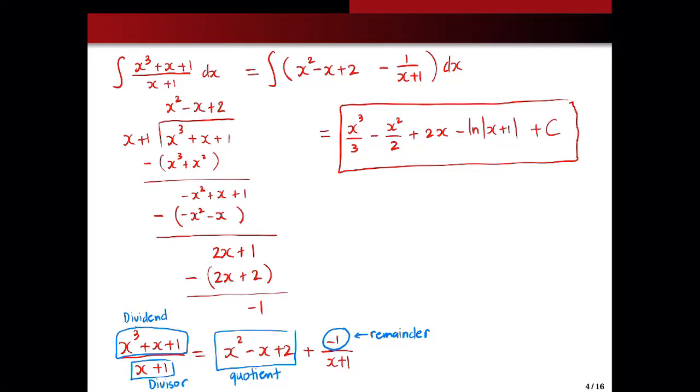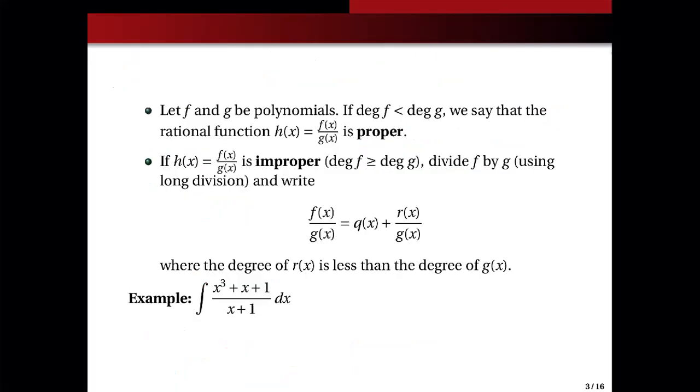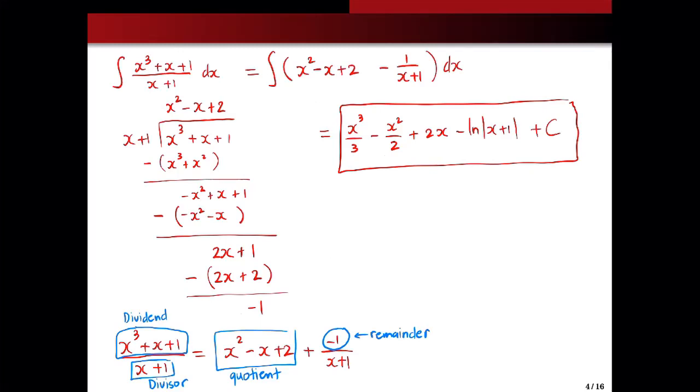Now, suppose we only have the proper part. Of course, if we have only something like this, we can immediately integrate that. But what if it's not that case?